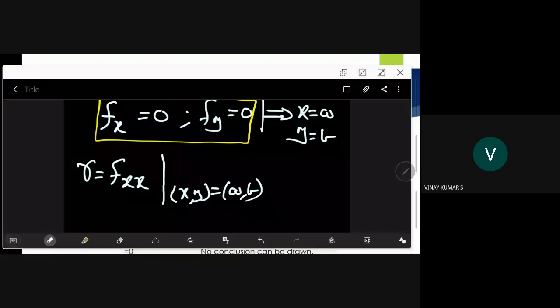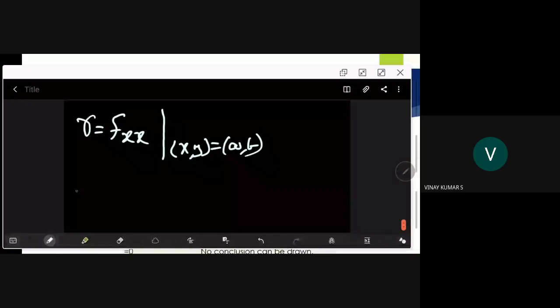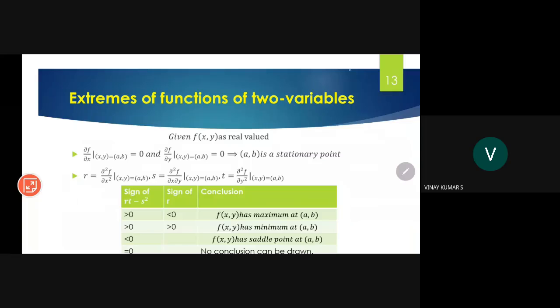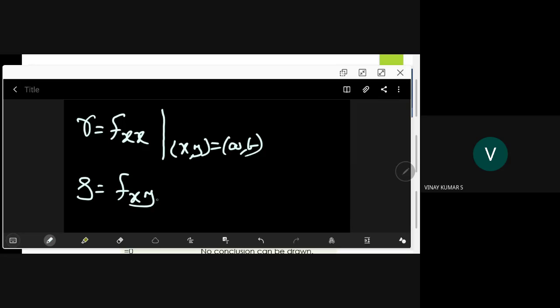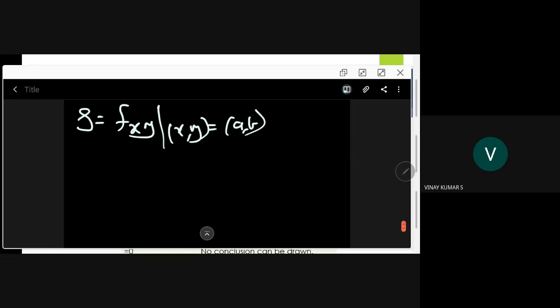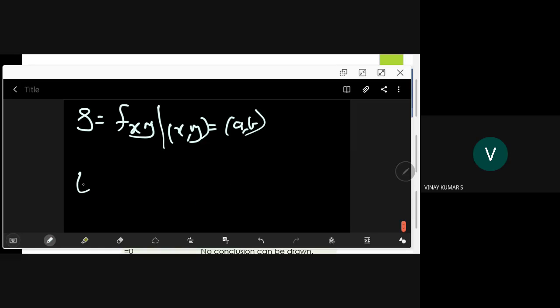Similarly, s is equal to dou square f by dou x dou y, also at x, y equal to a comma b. Then t is equal to dou square f by dou y square, at x, y equal to a, b.